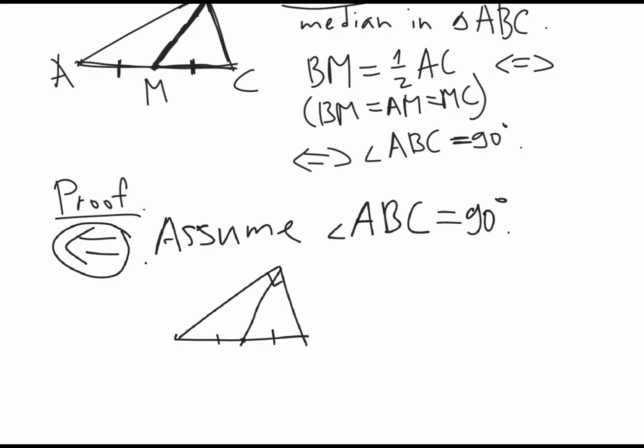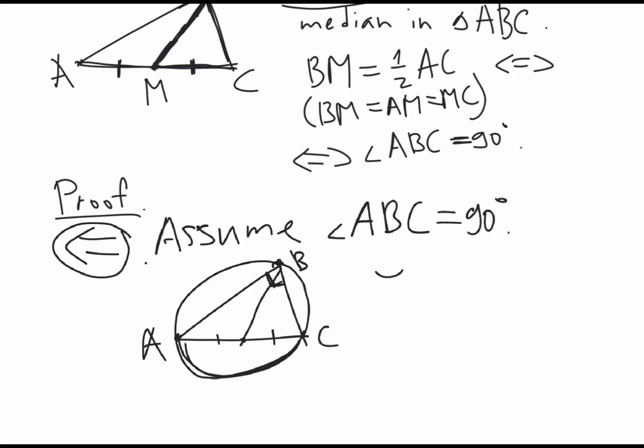this is a median. Notice that when we consider a circumcircle around this triangle, because this angle is 90 degrees, so this is A, B, C, and we consider a circumcircle and this arc AC.